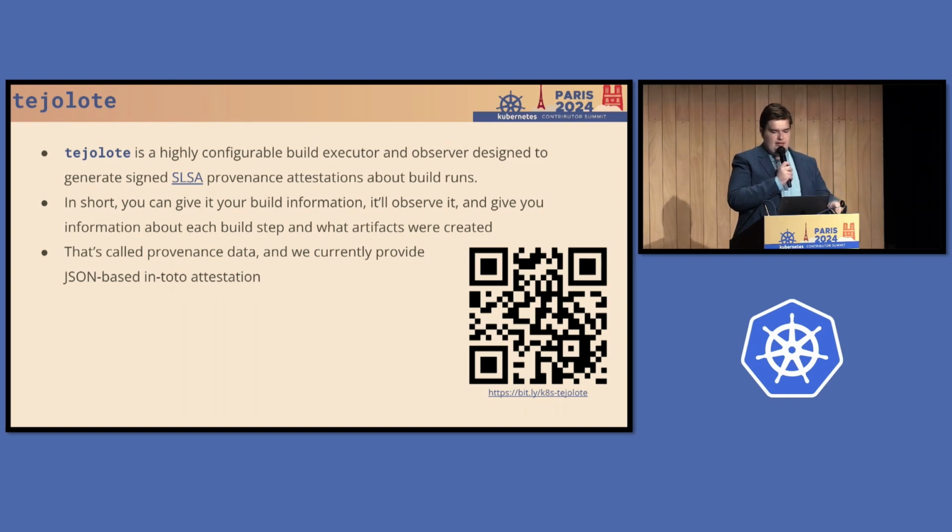It will observe your build and give you information about each build step and what artifacts were created, where they're stored, what the checksums are, and all that stuff. You're eventually going to sign that file and provide it with the project, as an attestation of what happened in your build process. It's going to provide you a JSON-based in-toto attestation. I hope I didn't get that wrong, but yeah.